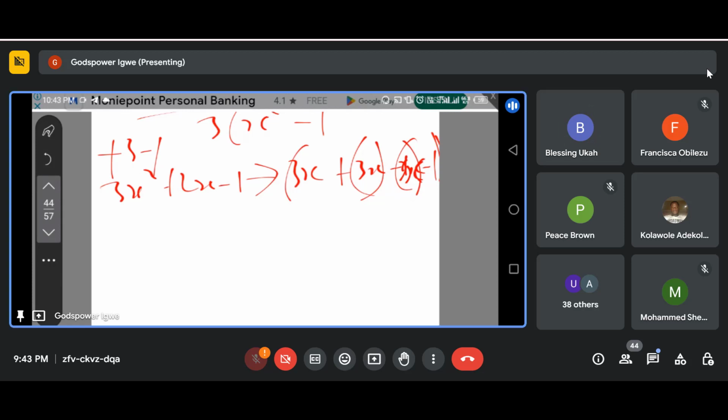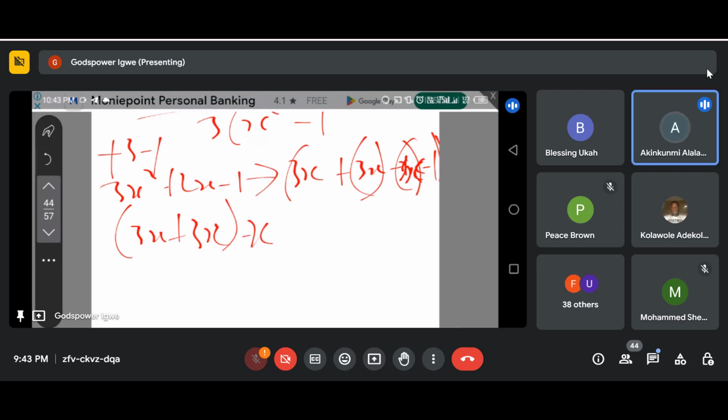I don't know what to do here, because this is supposed to be 3x plus 3x, and this is supposed to be x plus x. Yeah, in that bracket is meant to be 3x squared plus 3x.